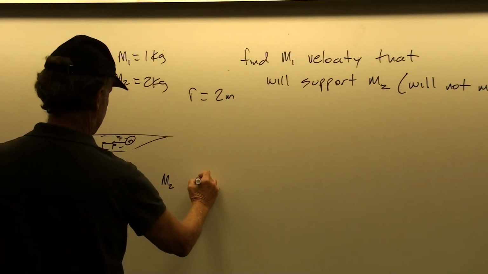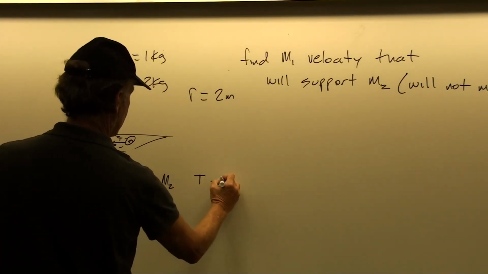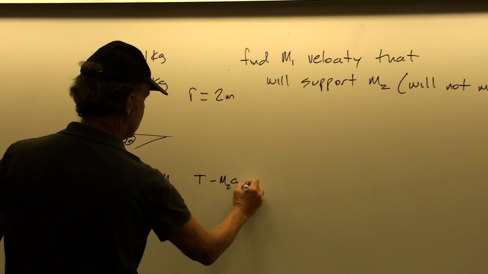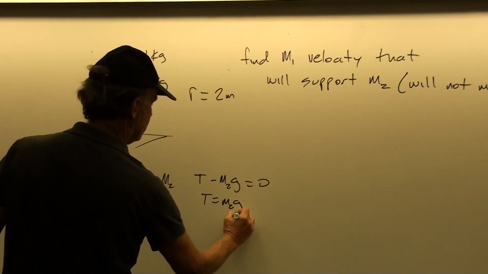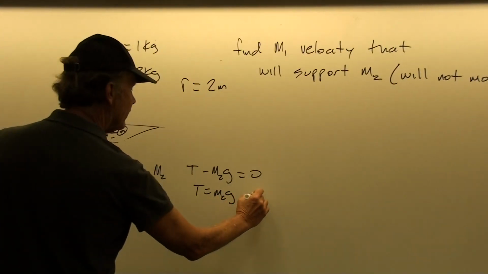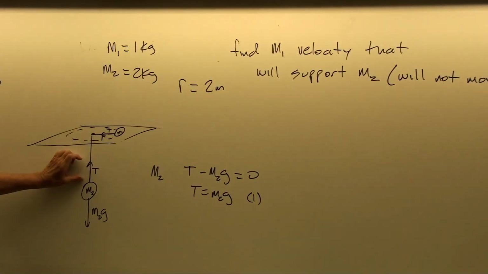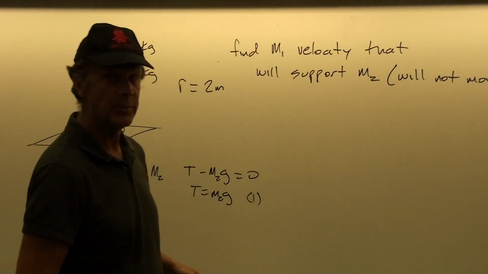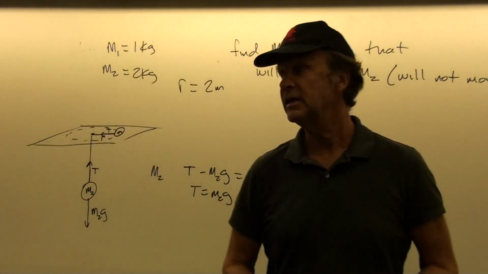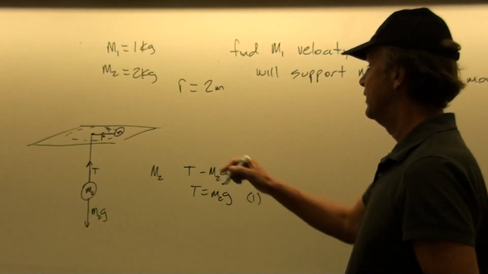We can just say that T minus M2G is 0, where T equals M2G. Now that's an important equation because the tension in the string here is also the same as the tension in the string that is supplying the centripetal force that is making M1 go around in a circle.